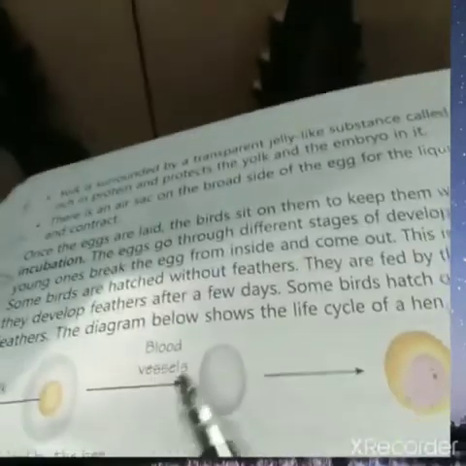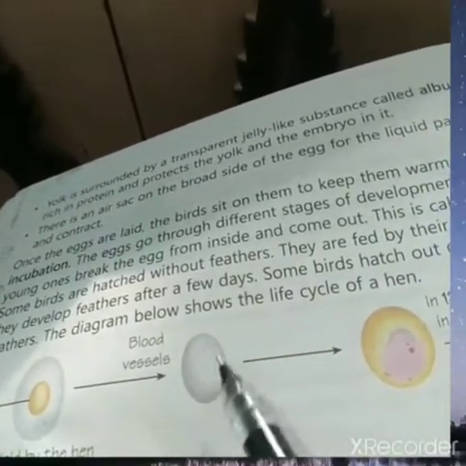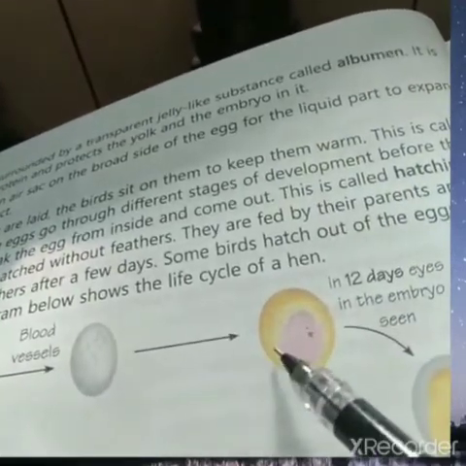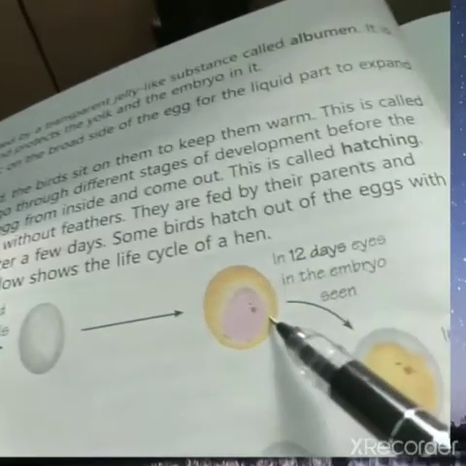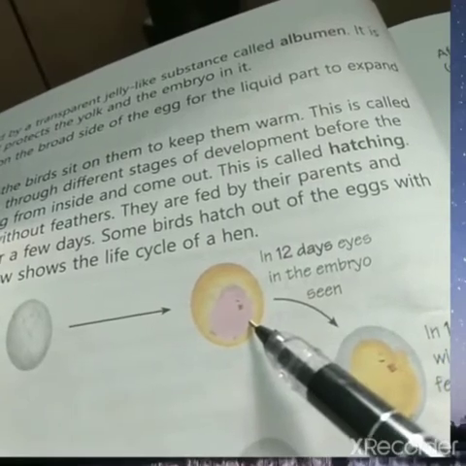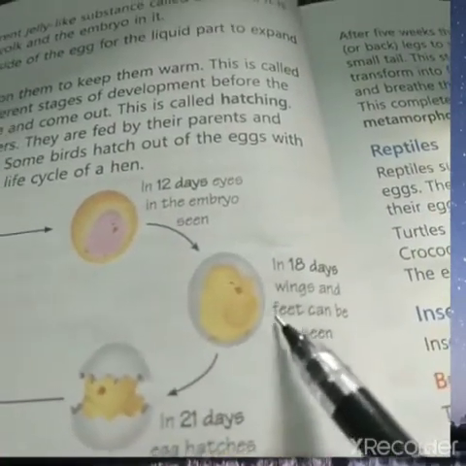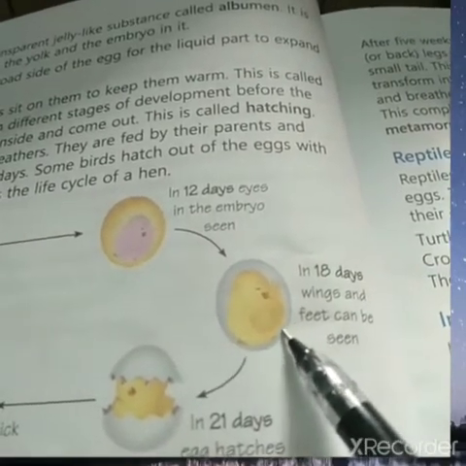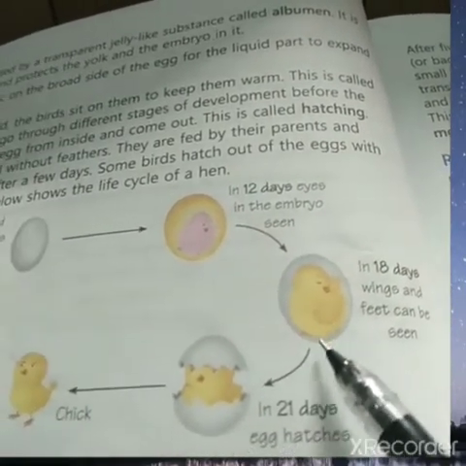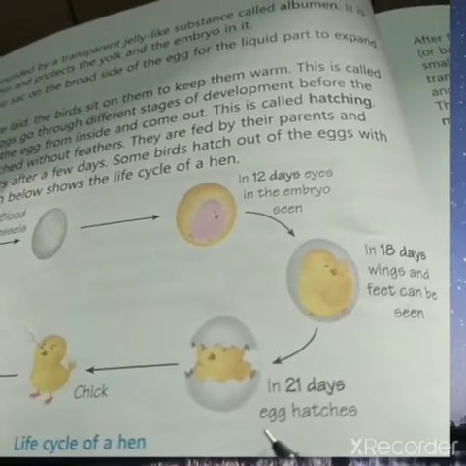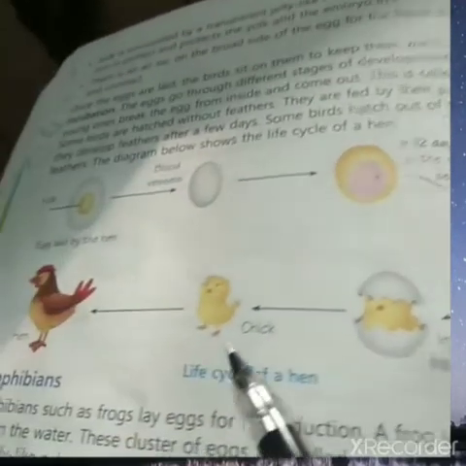And these are the blood vessels in the egg. After 12 days, the eyes are seen in the embryo. After 18 days, wings and feet can be seen in the embryo. After 21 days, the egg hatches and the chick comes out from the egg.